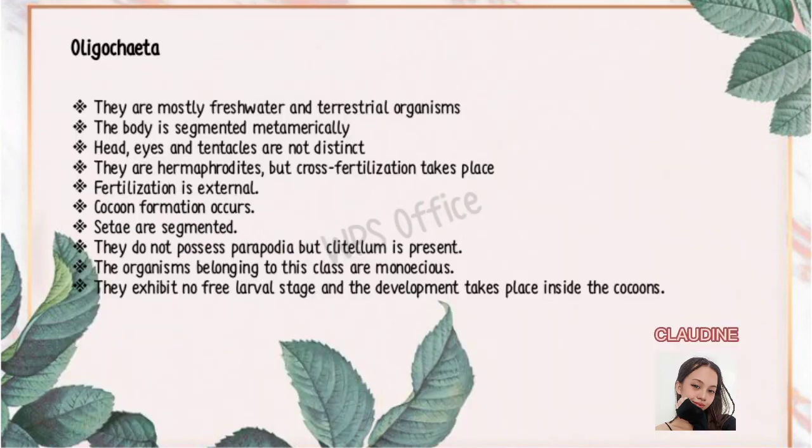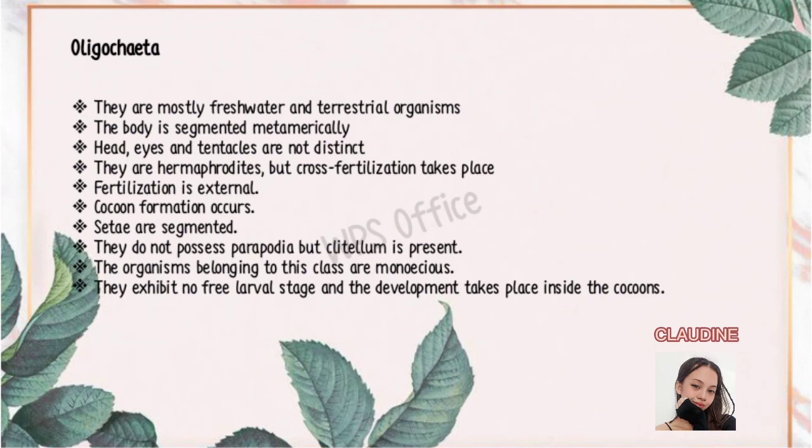Here are the characteristics of Oligochaeta. They are mostly freshwater and terrestrial organisms. The body is segmented metamerically. Head, eyes, and tentacles are not distinct. They are hermaphrodites, but cross-fertilization takes place. Fertilization is external. Cocoon formation occurs. Setae are segmented.